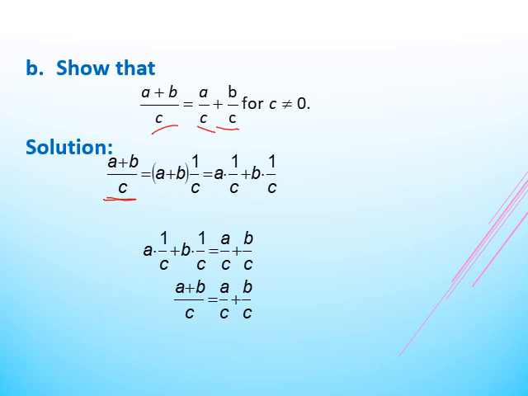A plus B over C equals A plus B times 1 over C, which is equal by the distributive property to A times 1 over C, A over C, plus B times 1 over C, B over C. So by taking C as a common factor, A over C plus B over C equals A plus B over C.